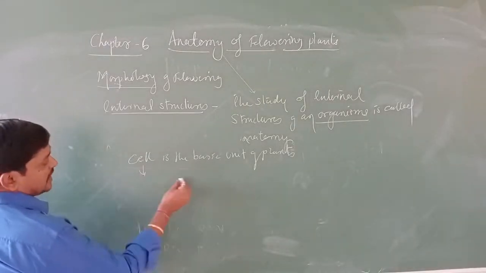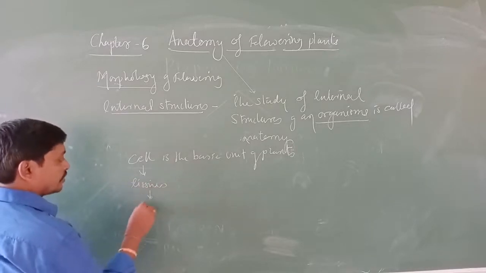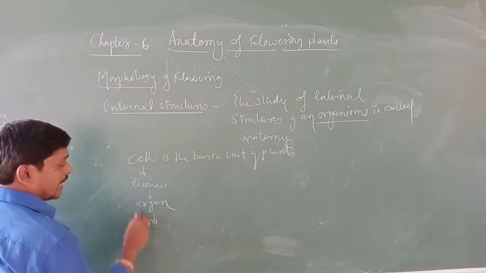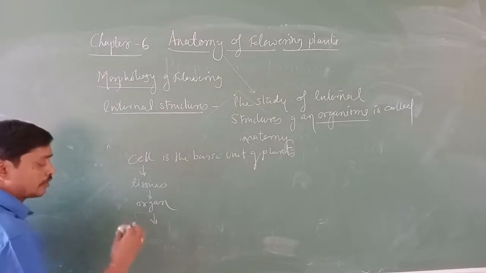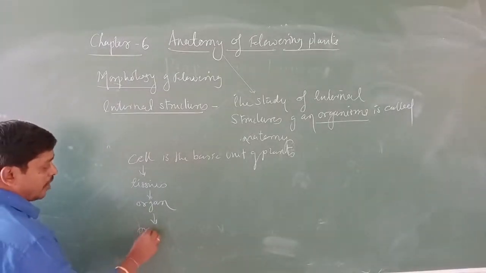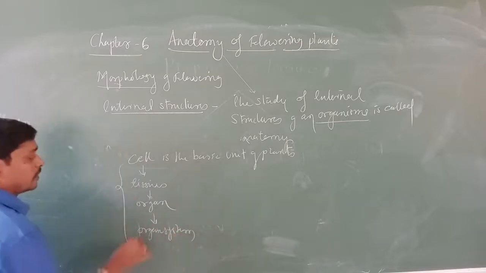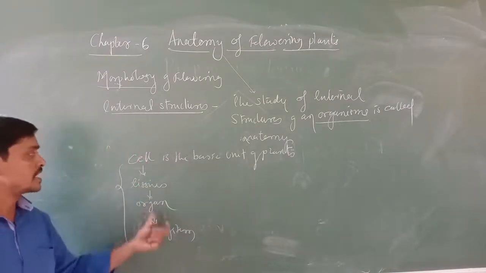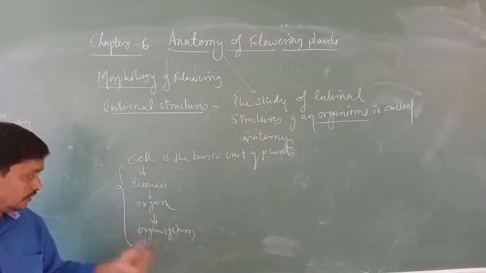Afterwards the specialized cells form tissues, the tissues organize to form an organ, then two or more organs come together and form an organ system. The organisms are made up of structures: the cell is a basic unit, afterwards the tissue, organ and organ system.